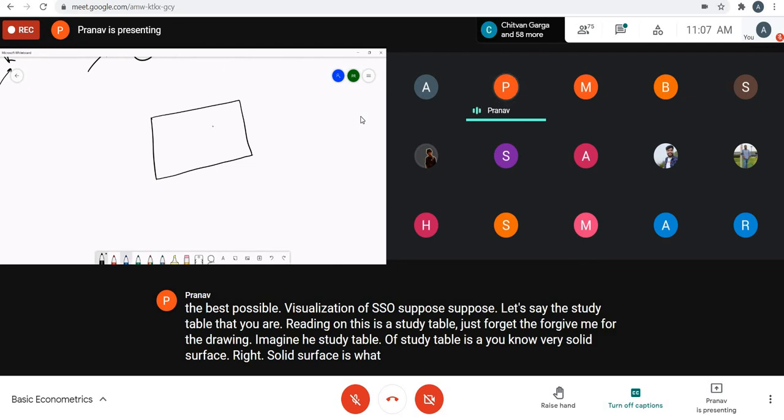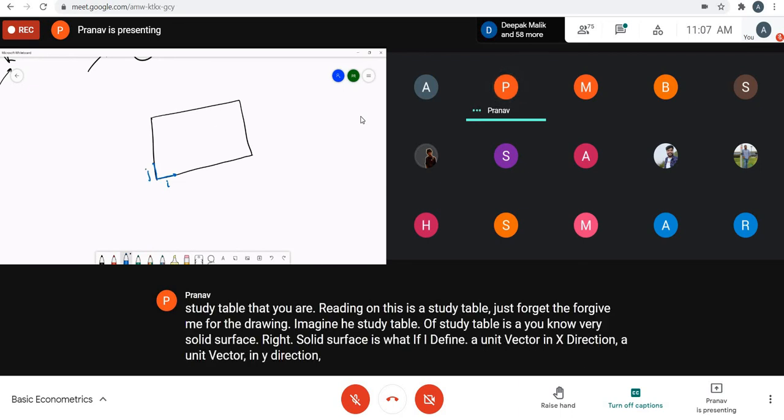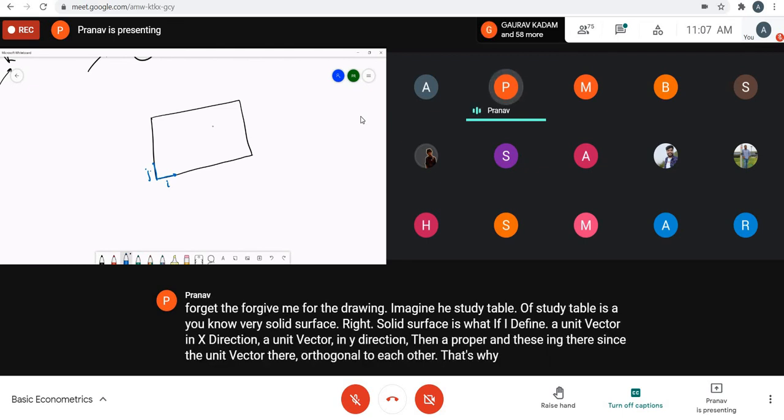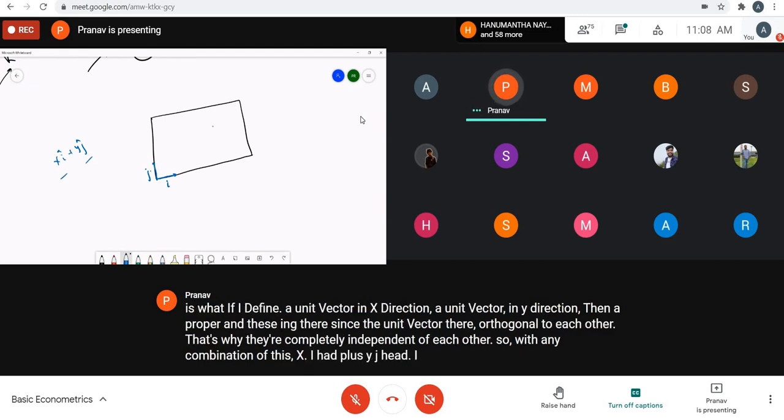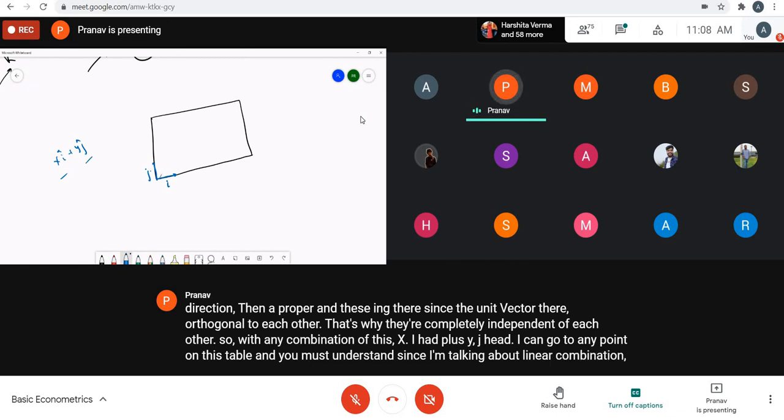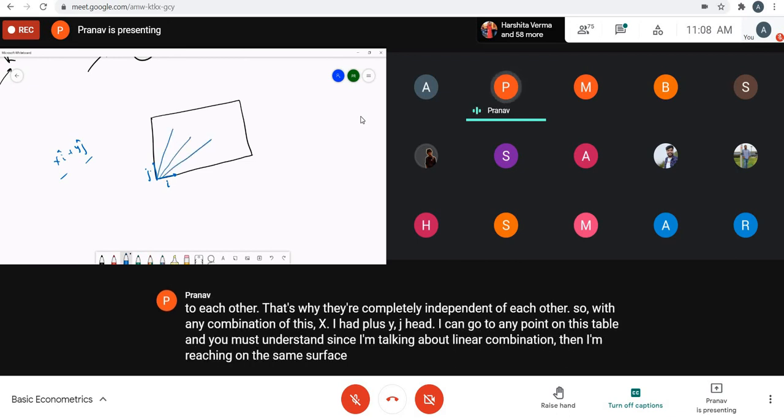If I define a unit vector in x direction, a unit vector in y direction, then these i and j, since they are unit vectors, they are orthogonal to each other. That's why they are completely independent of each other. So with any combination of this x i hat plus y j hat, I can go to any point on this table. And you must understand, since I'm talking about linear combination, I'm reaching a point on the same surface on which these two vectors lie.